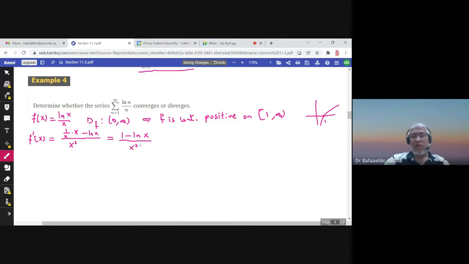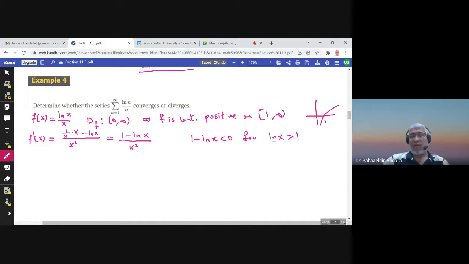x squared is always positive, and 1 minus ln x would be negative for ln x greater than 1. If ln x is greater than 1, 2 or 3, then 1 minus ln x would be negative.